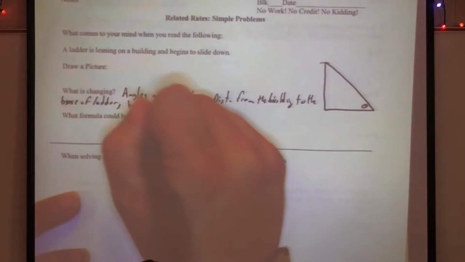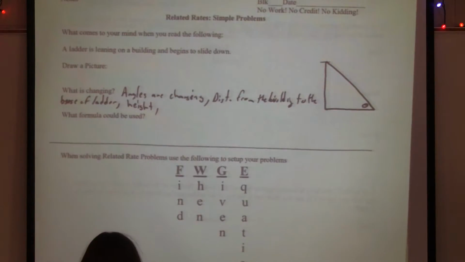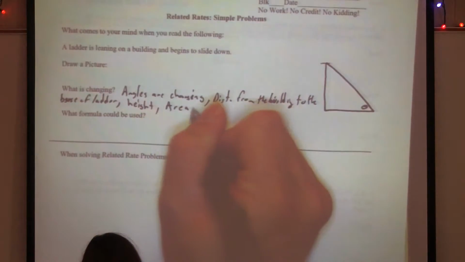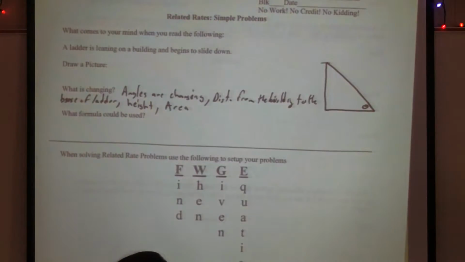Is the height increasing or decreasing? It's decreasing. Anything else? The area. Very good. The area would be changing. Is that about it? The distance from the building to the base of the ladder.